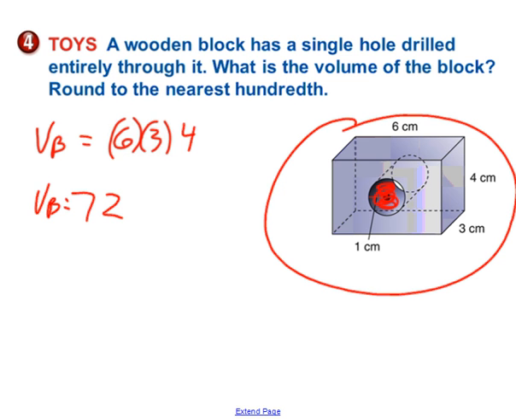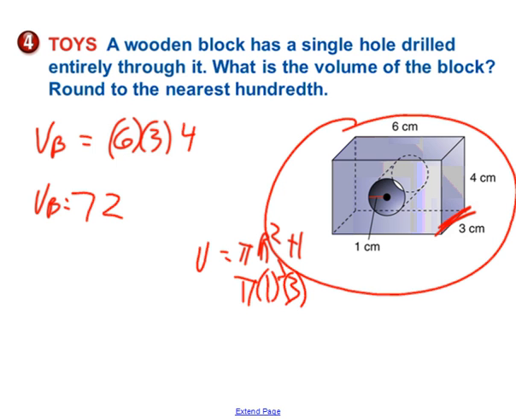Now I need to do a little bit of work on the hole part. The volume of the drilled cylinder drilled out of the center would be equal to pi times the radius squared times the height. The radius in this case is 1, so it's 1 squared, and the height would be the depth of the hole, which is 3.